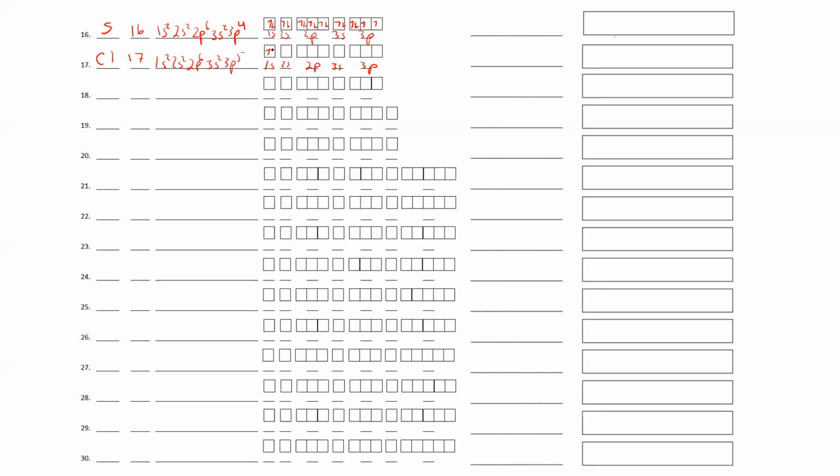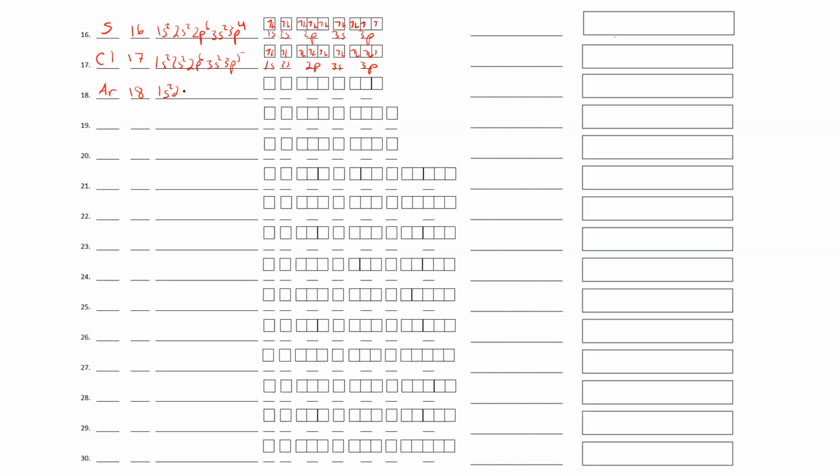So 1, 2, 3, 4, 5, 6, 7, 8, 9, 10, 11, 12, 13, 14, 15, 16, and 17. So there's only one unpaired electron for the chlorine, but when we get to argon, we now have 18 electrons, and we'll pair them all up and complete our next shell.